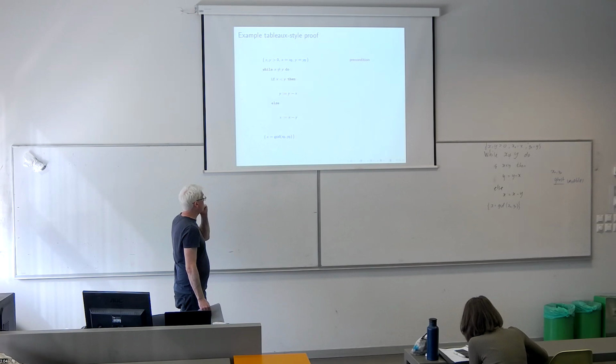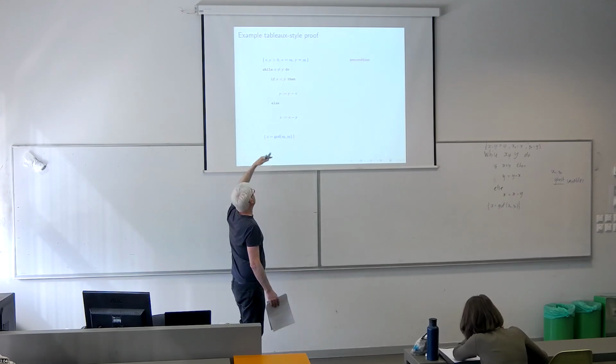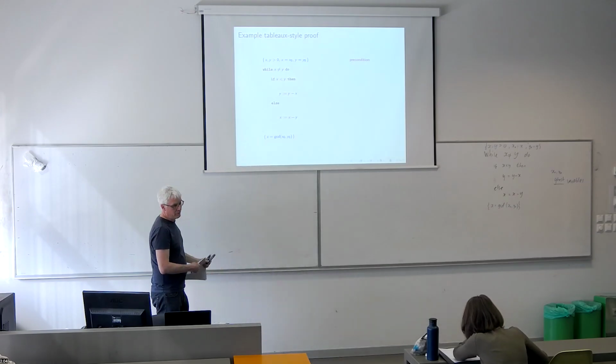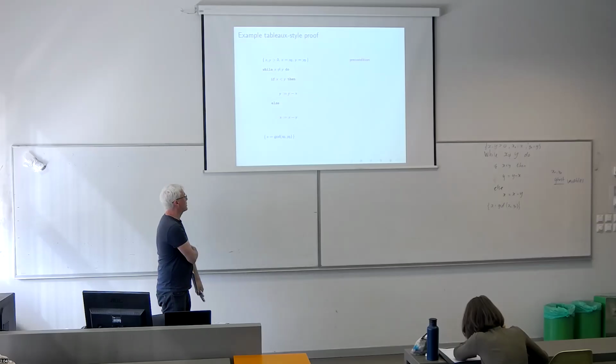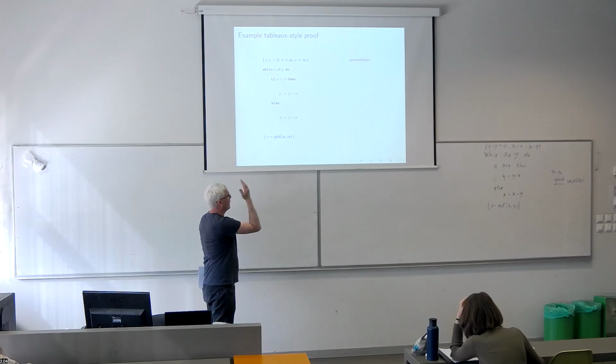What we want to do is use rules for annotating the program to go from the precondition to the postcondition. Although actually, it's easier to work backwards from the postcondition. We think what we need to get there, and we work backwards, and eventually we want to get to the precondition. And if we manage to get to the precondition, that's good. We've verified the program. Okay, so we're verifying a while loop.